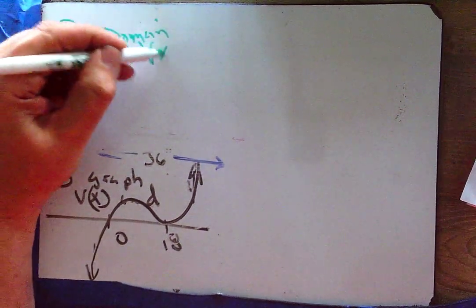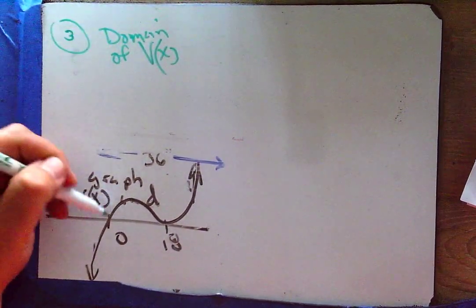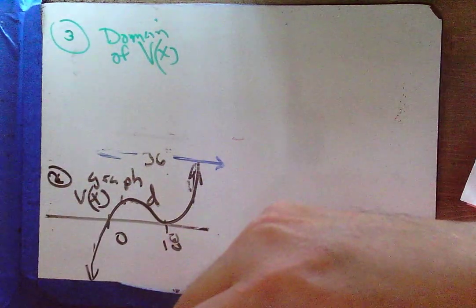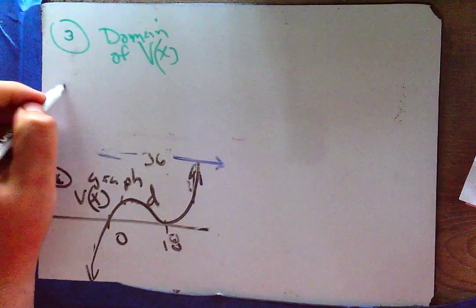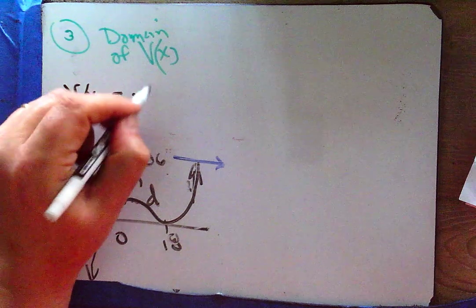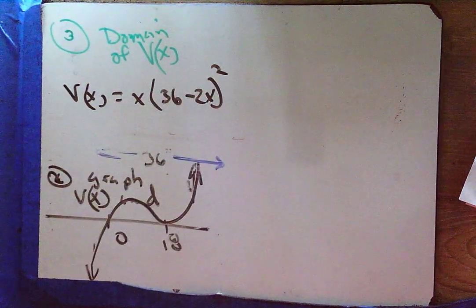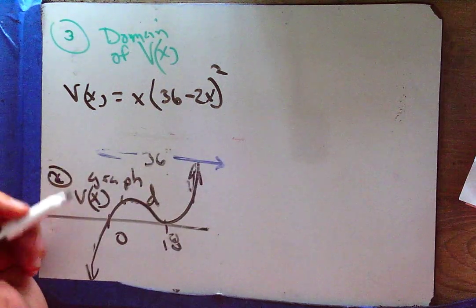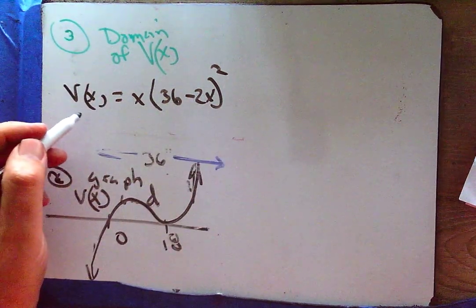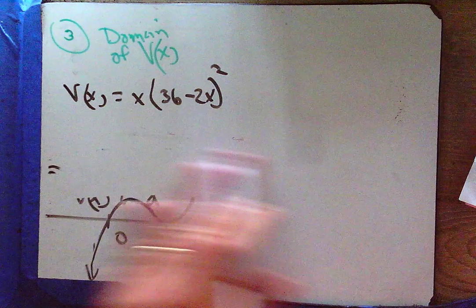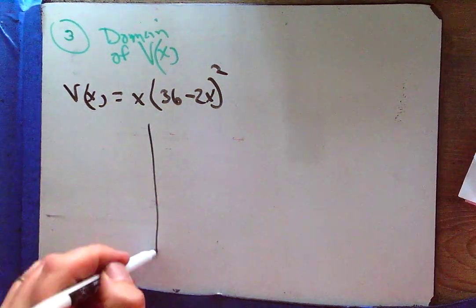of v of x? Now, often when we see a third-degree polynomial like this, and remember our v of x was x times 36 minus 2x squared, often when we say, oh, I've got a polynomial, I know the domain of a polynomial is all real numbers. But is that true in this case?